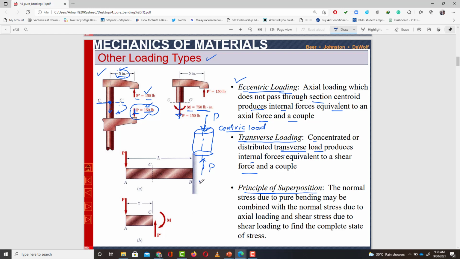Now this is the cantilever beam, and it is acted upon by a force of P at point A. The length of the beam is given as L. Due to this force there will be internal forces generated in this beam.